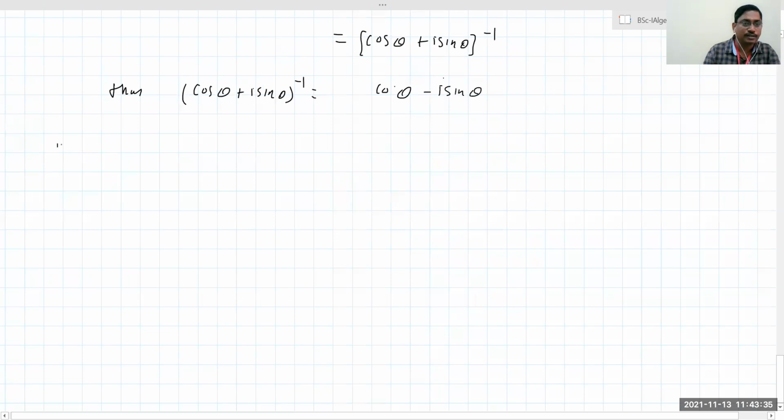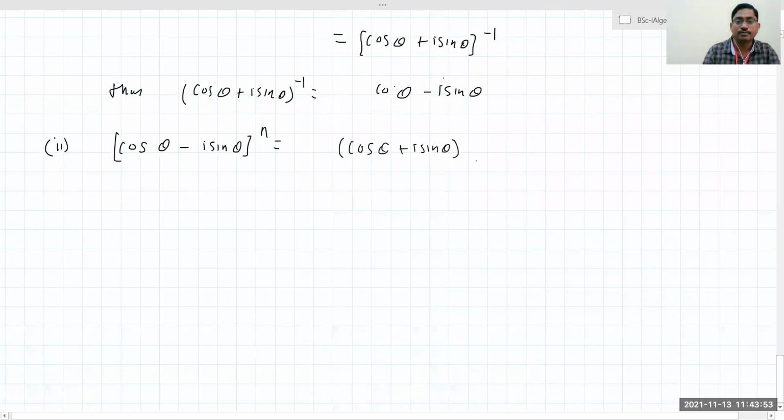Then second corollary, I take the nth power of this term, cos of theta minus i sin theta raised to n. So what is it? In fact, it is cos of theta plus i sin theta raised to minus 1, and its power is n. So it is cos theta plus i sin theta raised to minus n.